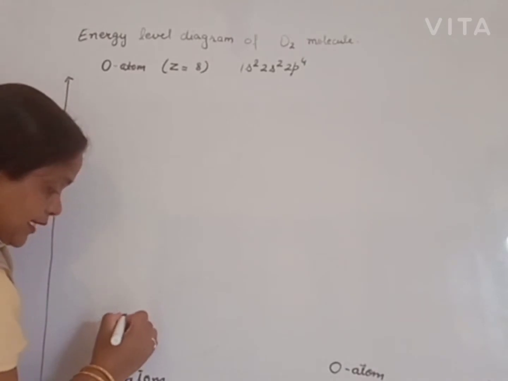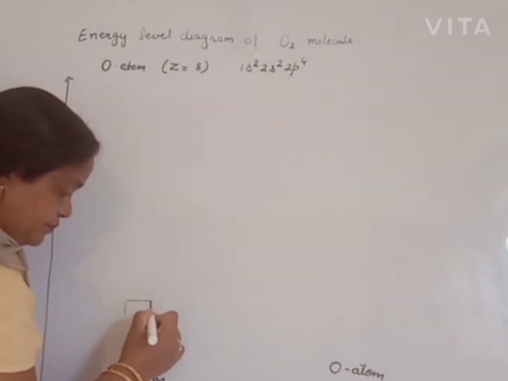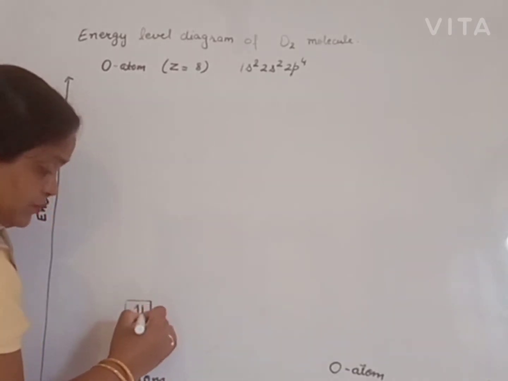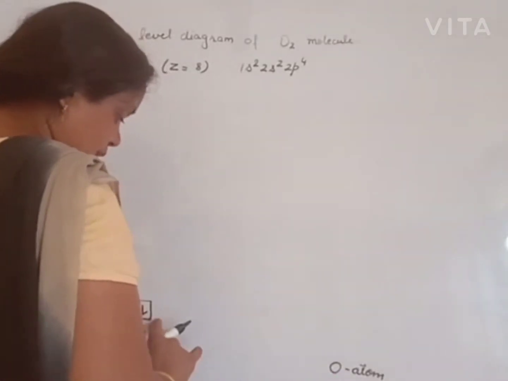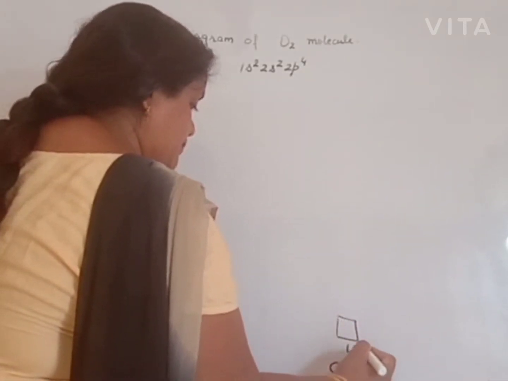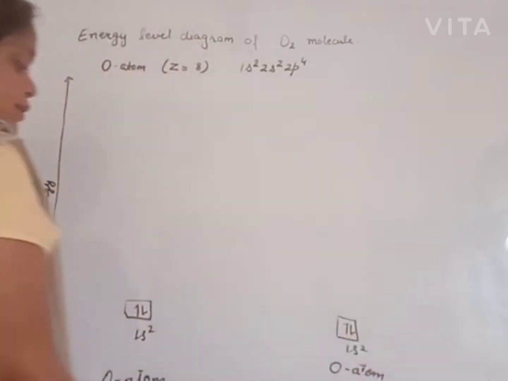First of all, electrons enter the 1s orbital. 1s2 means it consists of 2 electrons. This other oxygen also is represented on the same level, 1s2, with 2 electrons.